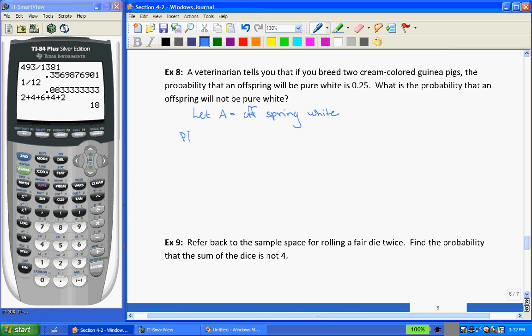And we're already told that the probability of A is 0.25. So if I want to find the probability that it's not white, that would be 1 minus 0.25 or 0.75 or 3/4.